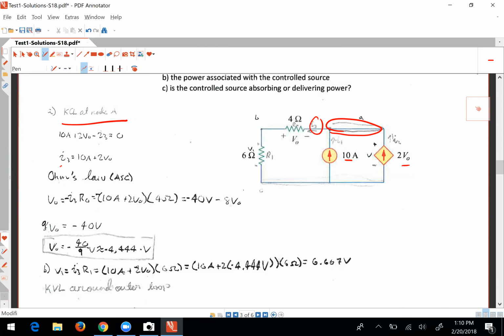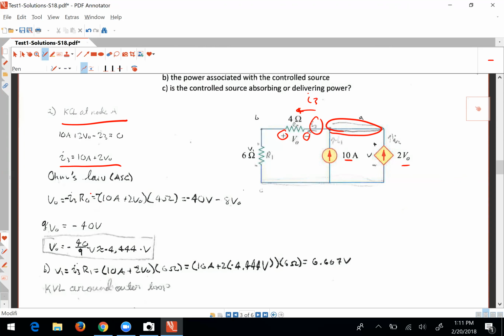So you now have an equation for I3, and then you can substitute that because of Ohm's law, and in this case the way Mark drew I3, that's an active sign because the current is going into the minus side of that resistor, labeled from the VO perspective. So VO has to equal minus I3 times 4, or R4.